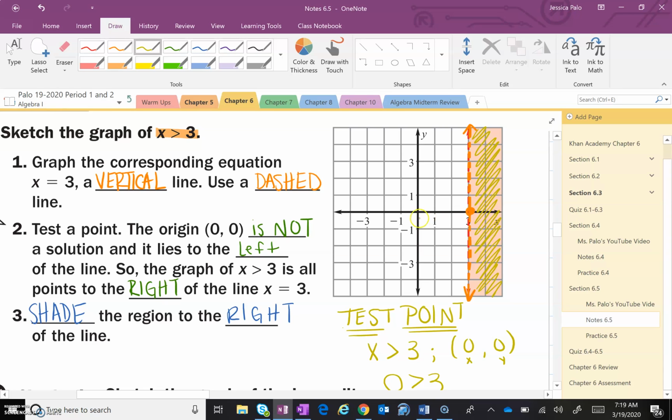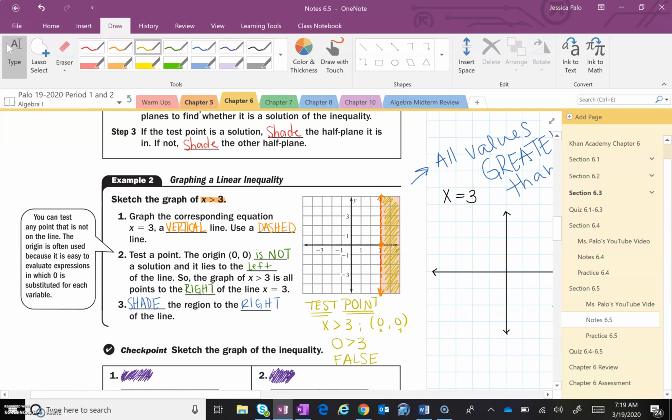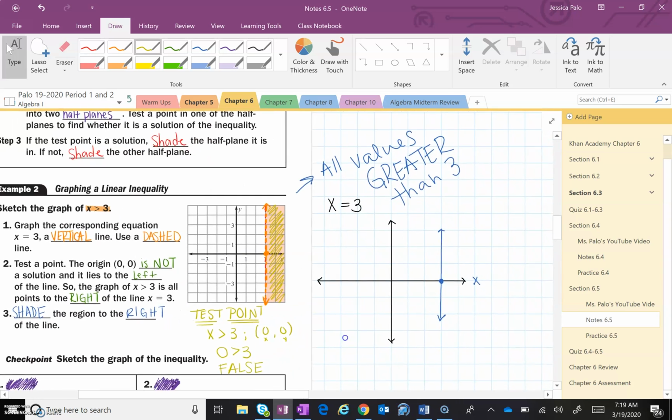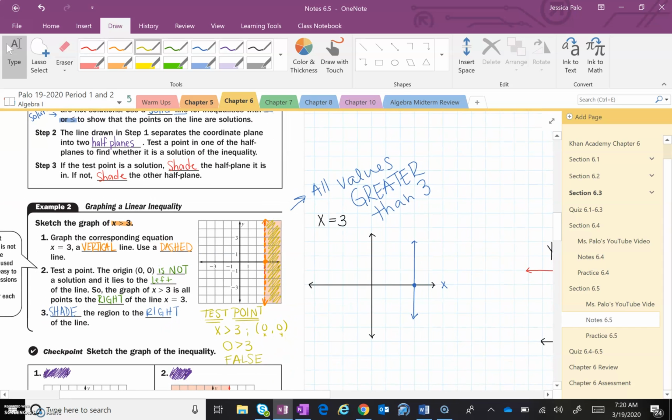So if the test point is false, you shade the side that does not contain the test point. If this test point was true, you would shade the side that did contain the test point, but it is false. And the solution is all values greater than 3.